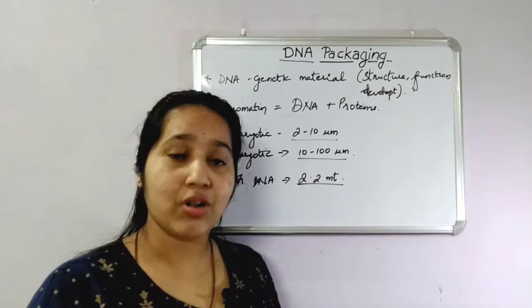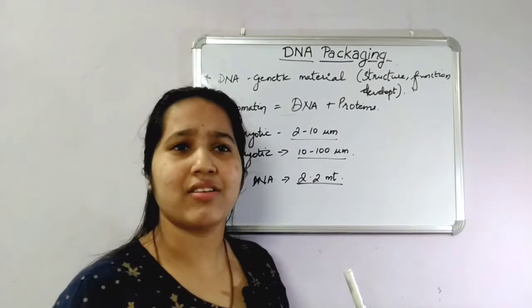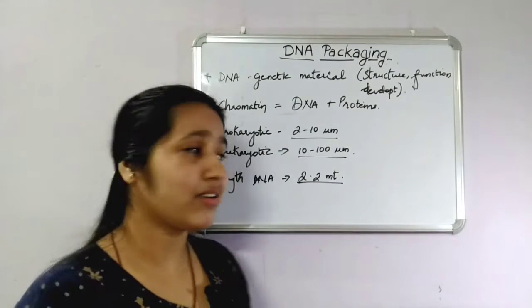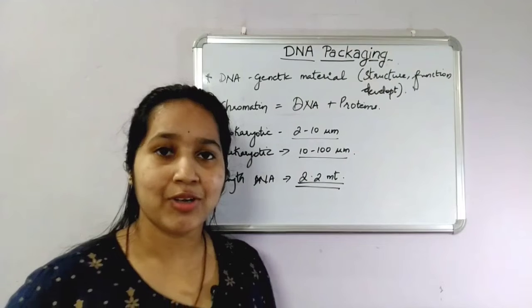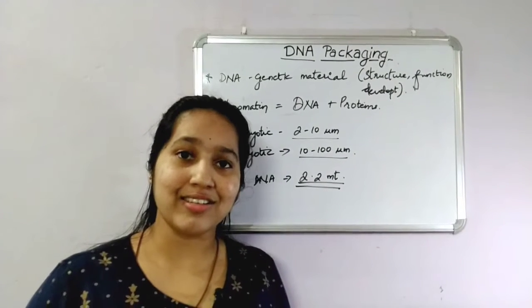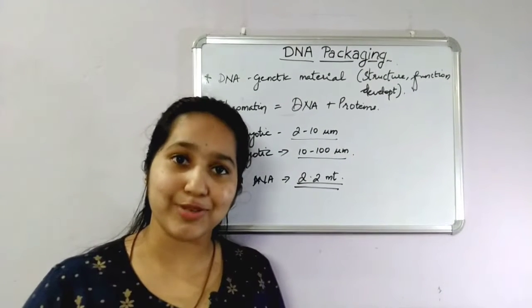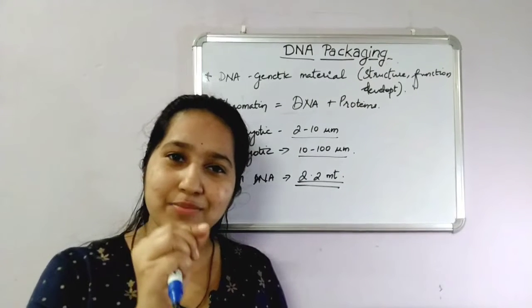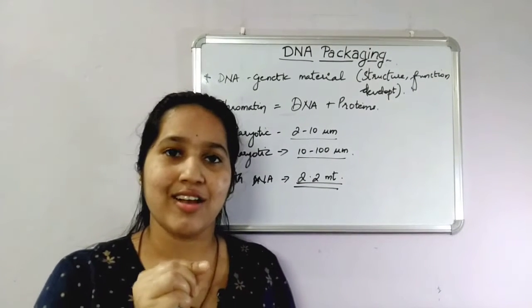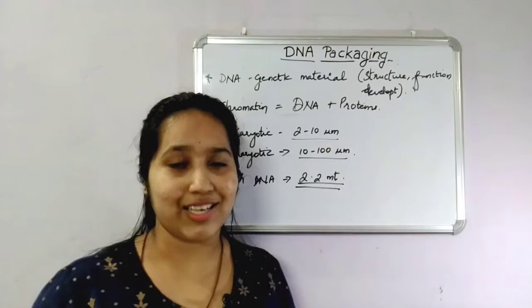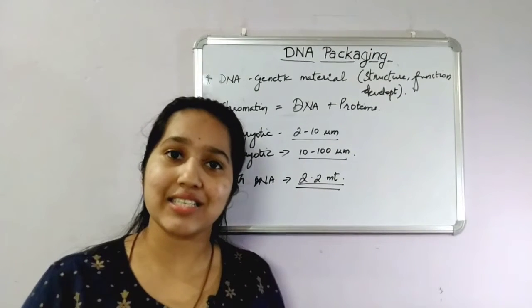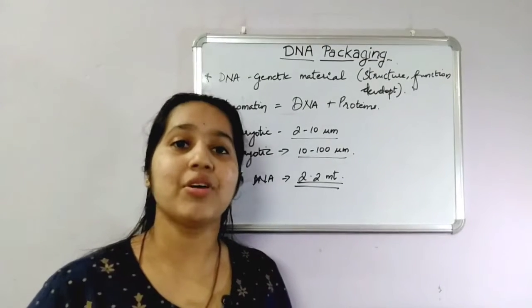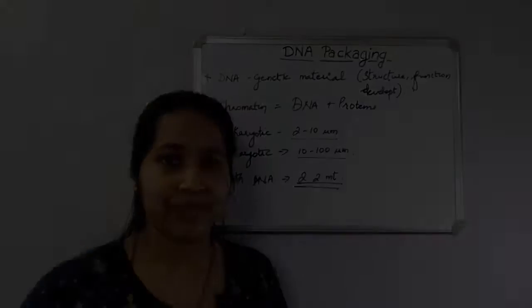For example, mammalian DNA is around 2.2 meters long. So you can imagine this lengthy DNA molecule is situated in that small tiny nucleus. How does this happen? This happens because of the repetitive condensation or compaction with different proteins.